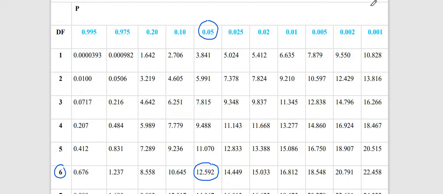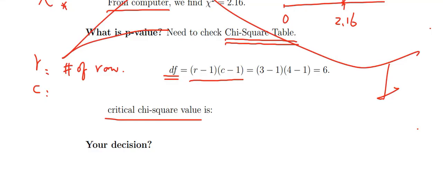This is the cut-off point, sorry, the chi-square critical value. So now let's go back here: the chi-square critical value is 12.592.